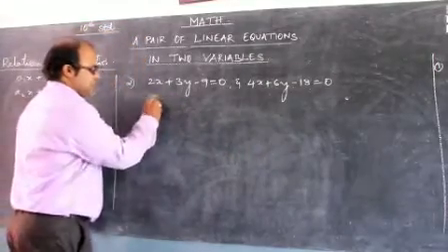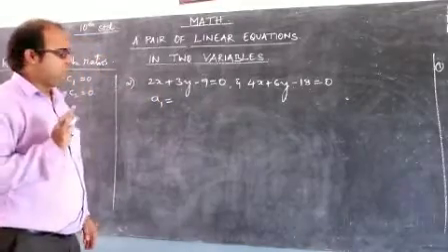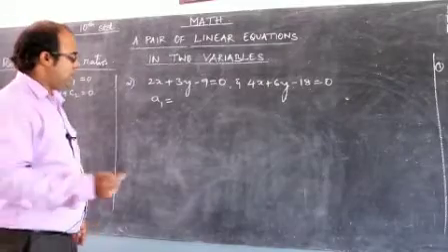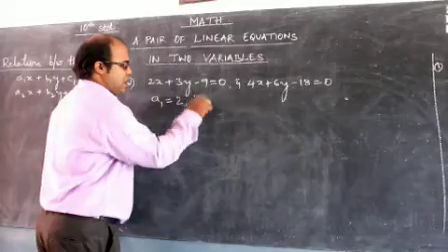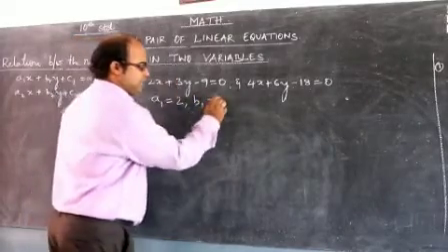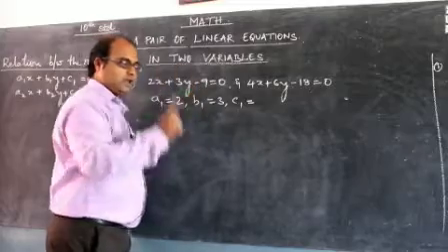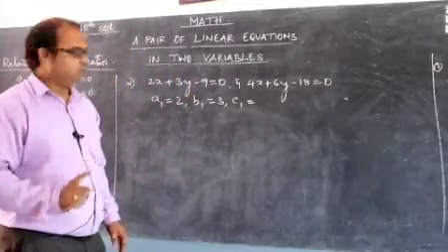First step is the A1 value. I hope you know what the A1 value is, so you should tell along with me. A1 value is 2, B1 value is 3, C1 value is minus 9. Again and again I am telling you, whenever you have a minus sign, be careful.